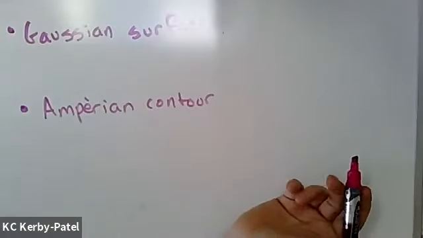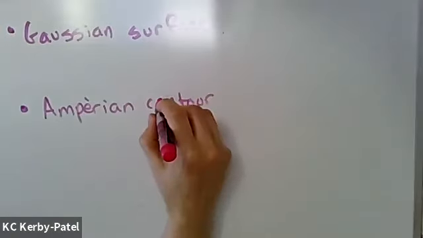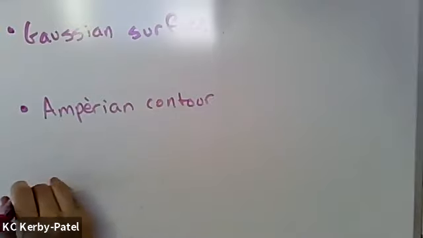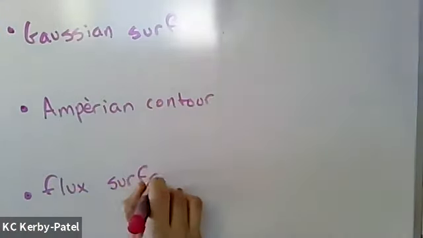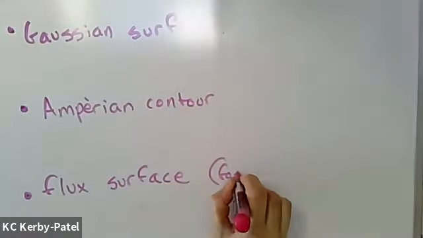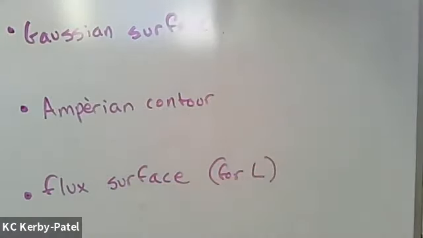It has an associated surface too, but we usually talk about defining the contour. And there is the flux surface, for like inductance problems. These have a lot of things in common and a lot of things that are different.